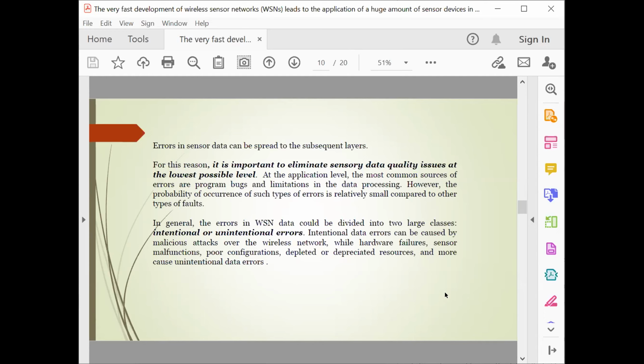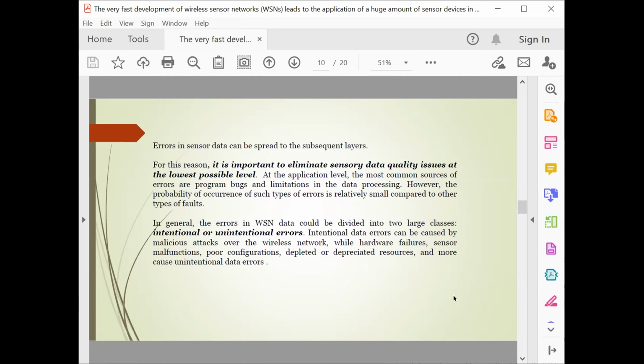At the application level, the most common sources of errors are program bugs and limitations in data processing. But the probability of occurrence of such types of errors is relatively small when we compare them with other types of faults.